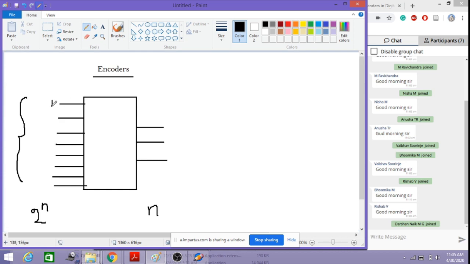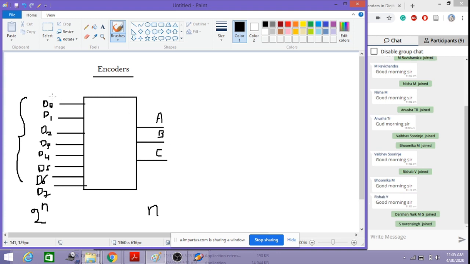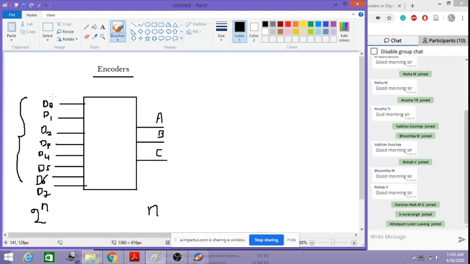So this is how we represent this. Let us denote the inputs as d naught, d1, d2, d3, d4, d5, d6 and d7, and we call the outputs A, B and C. We can also consider this as a converter, where any input can be converted to a binary value.